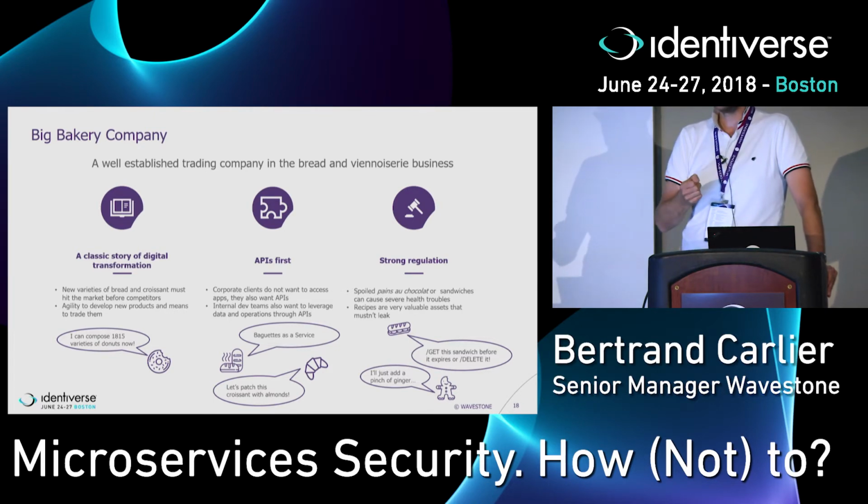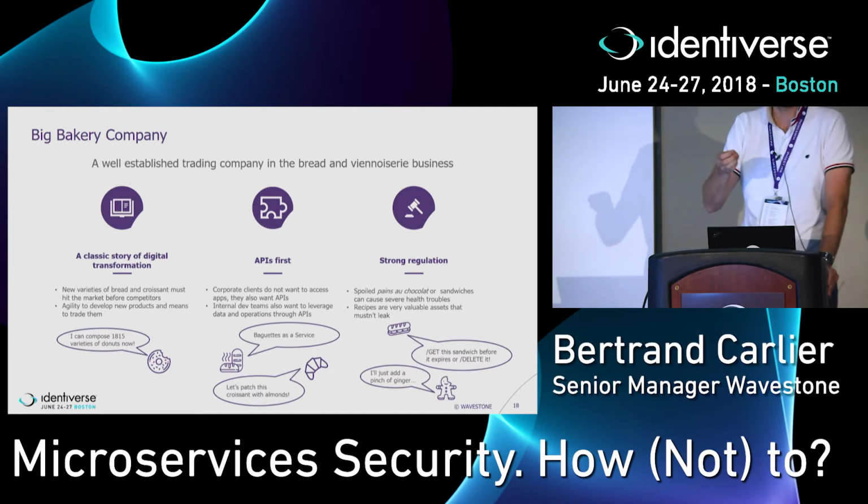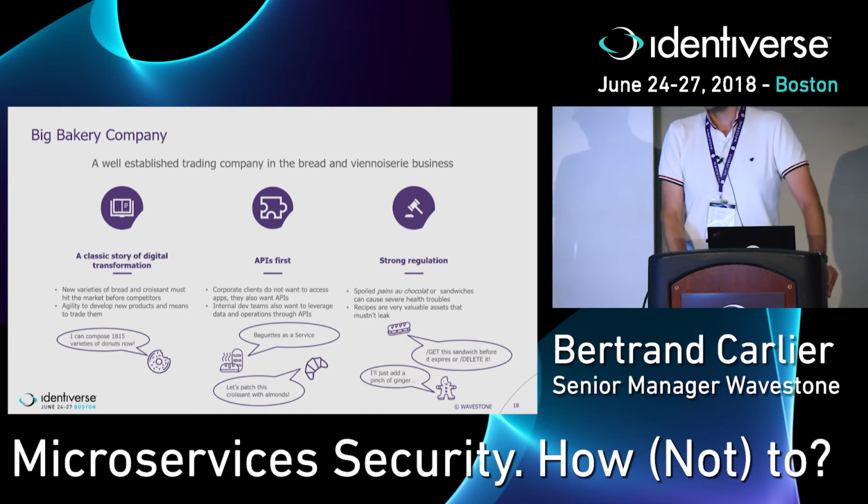I mean, we take health issues very seriously in France, so pain au chocolat or sandwiches need to be perfect. Also, we have to protect recipes. I mean, only French guys know how to do croissant. That's why you don't have a good croissant here.